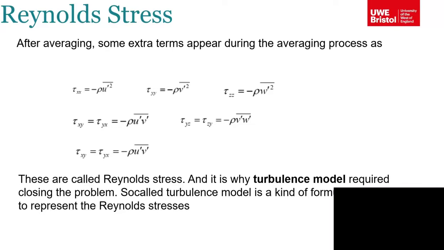In turbulent flow, just take the velocity components. In the velocity components, you have a mean component and a fluctuating component.